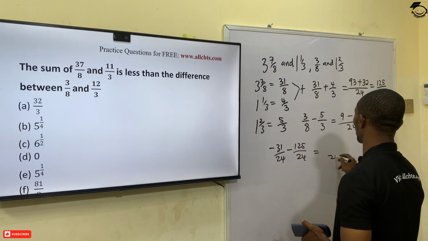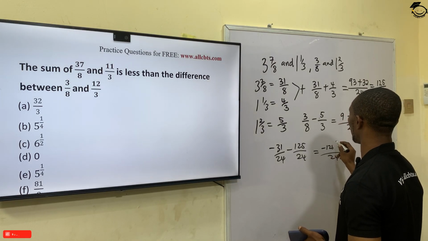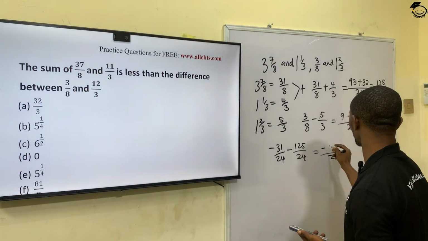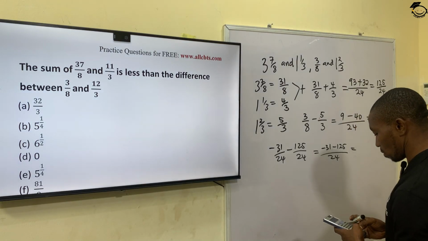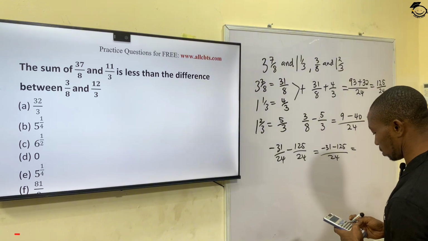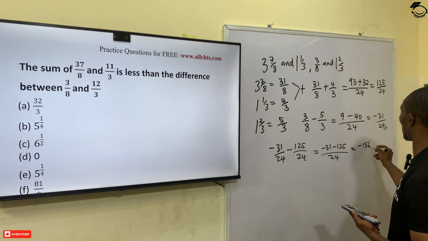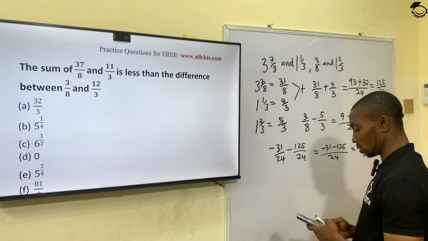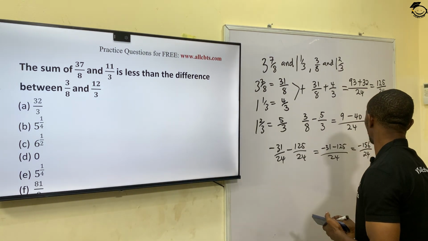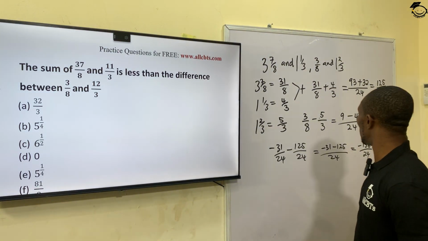Our LCM will be 24, bringing us to minus 31 minus 125, which gives us minus 156/24. Now, dividing that by 24 gives us minus 6.5. So our actual answer should be a negative 6.5.